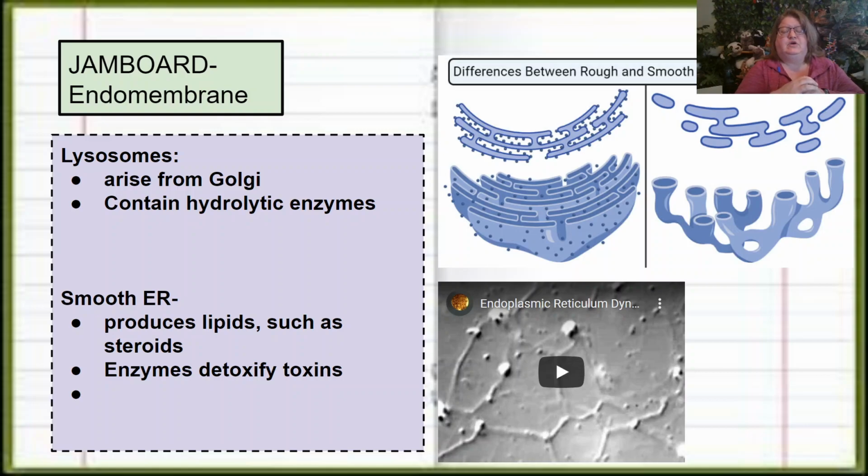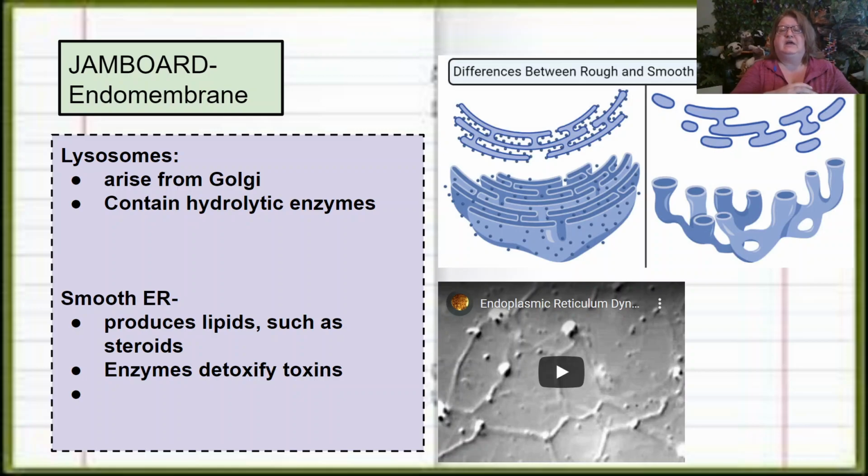And those are going to be really important for organs in animals and humans that make steroid hormones, like the testes or the ovaries or the adrenal glands, that make steroid hormones like testosterone or estrogen.